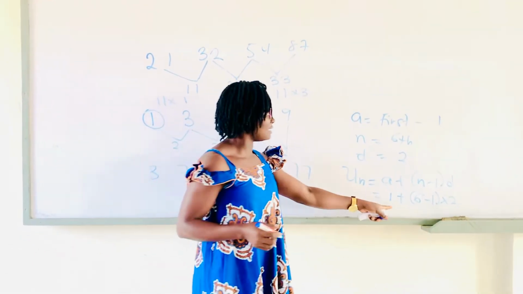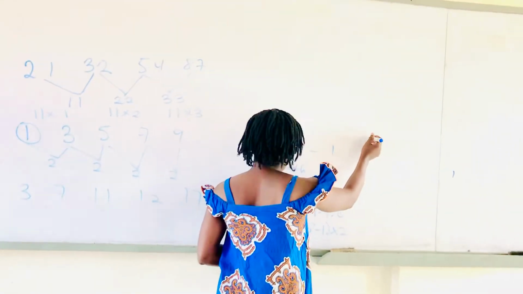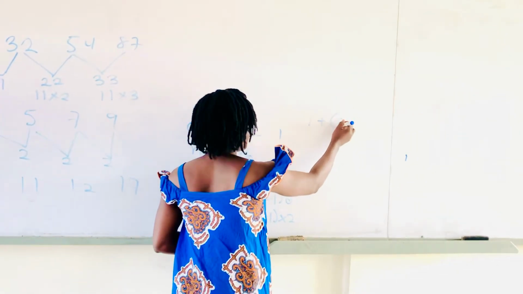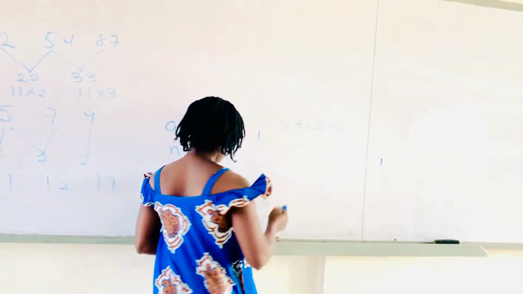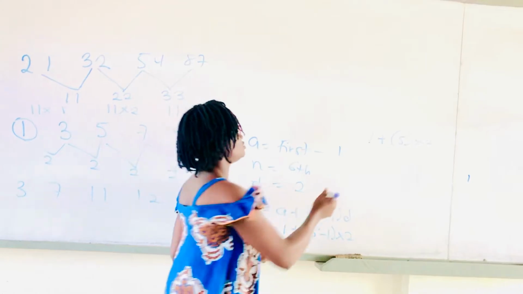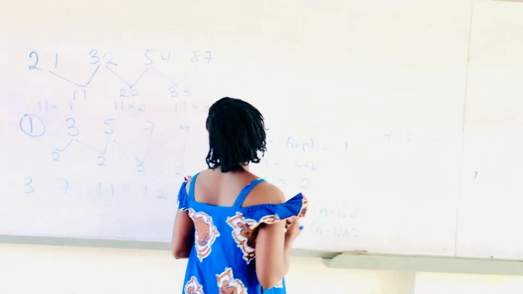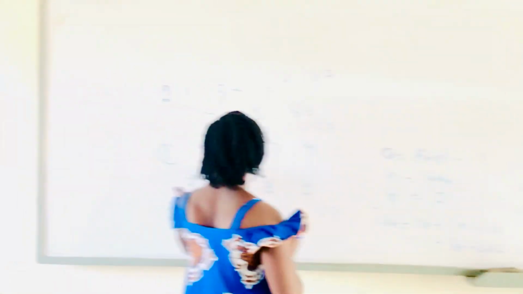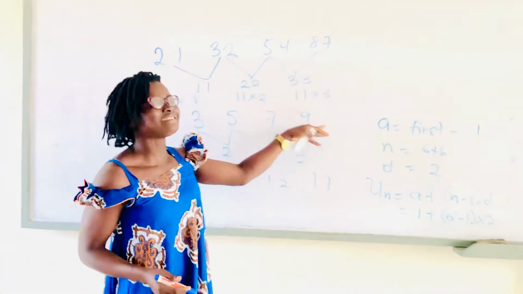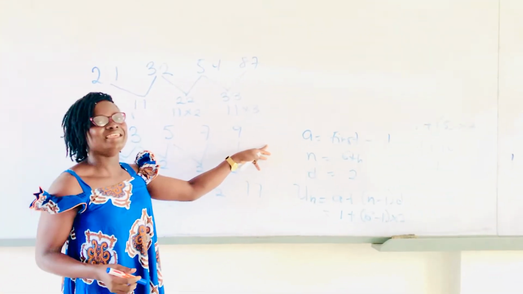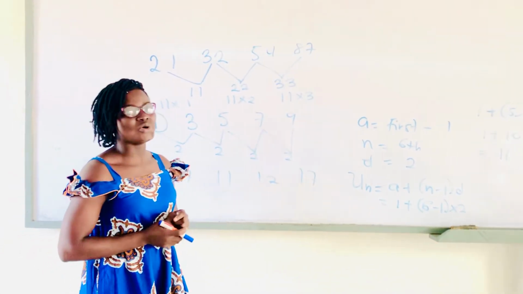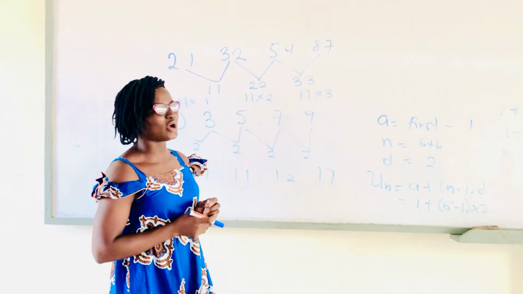So this becomes 1 plus 5 times 2. Great. So it becomes 1 plus what? 10, which is giving us 11. So looking at the pattern, our next number will be 11. So bravo to all those who had it correct.